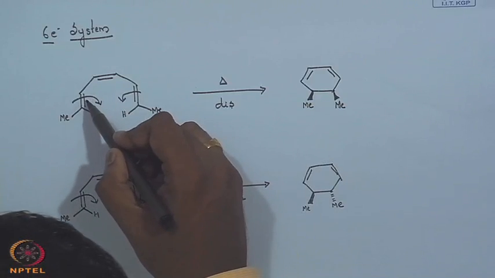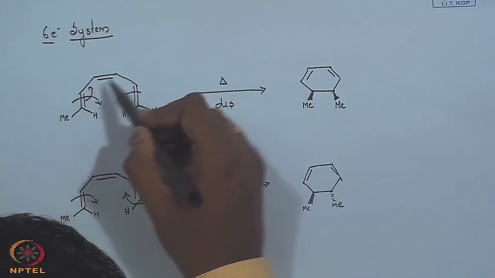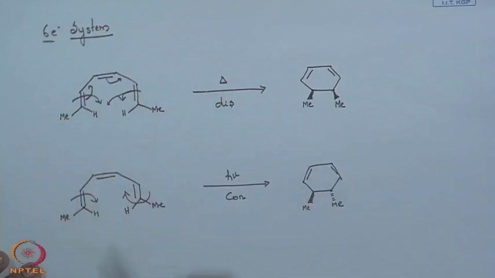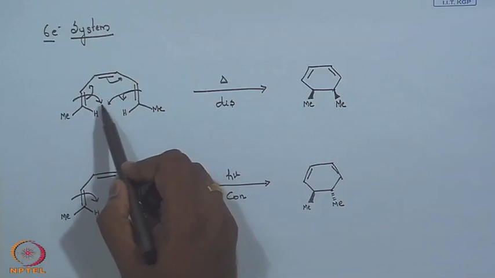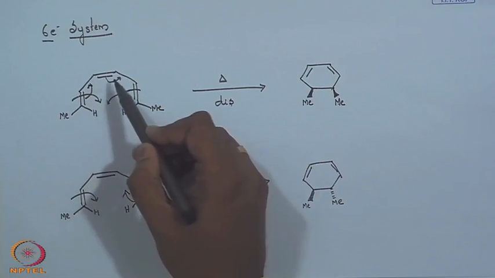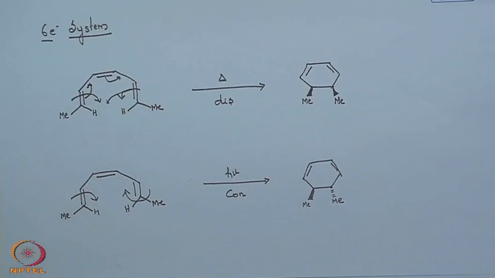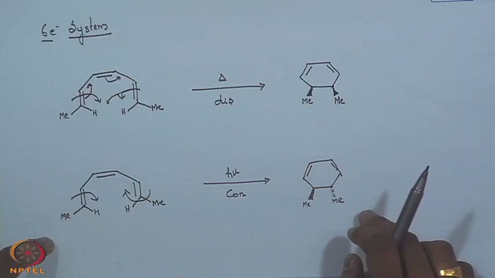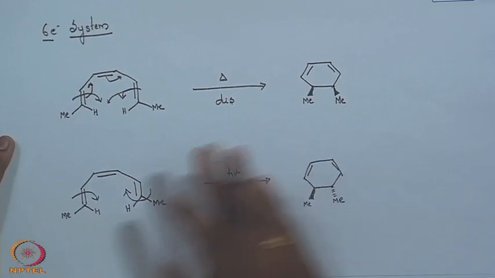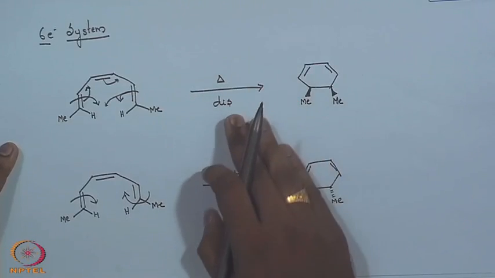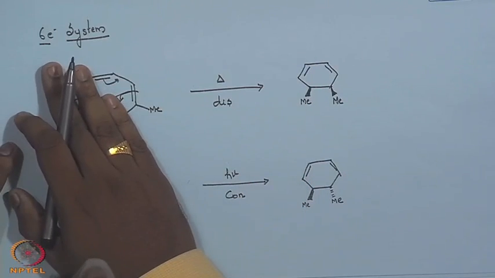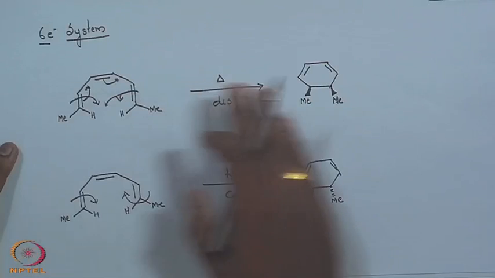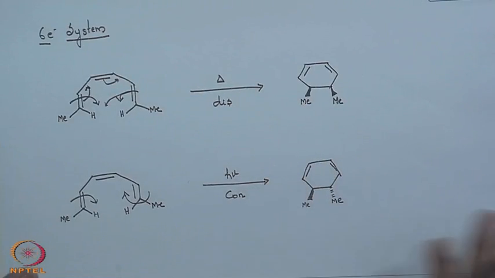Do not forget to push this arrow to do the cyclization, because this cyclization always happens, then only you get this rearrangement. Rotation is very important. So, this is under heat and this is on photolysis, which is exactly the reverse of your 4 electron system. In a 4 electron system, heating gives you con and photolysis is dis, but for a 4n plus 2 system, that is the 6 electron system, heating is dis and photolysis is con.